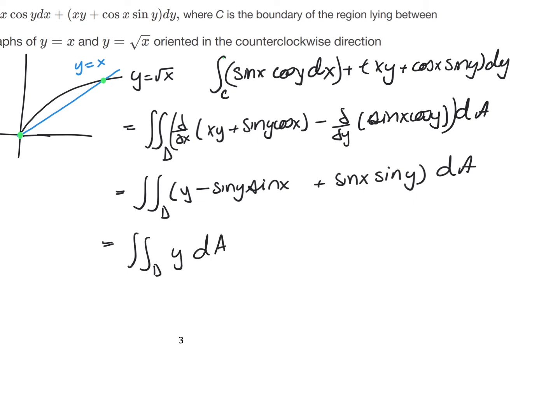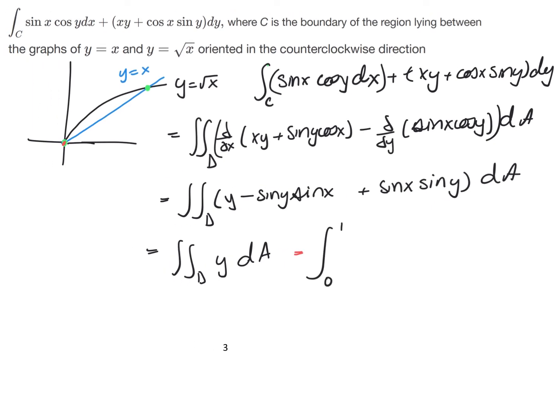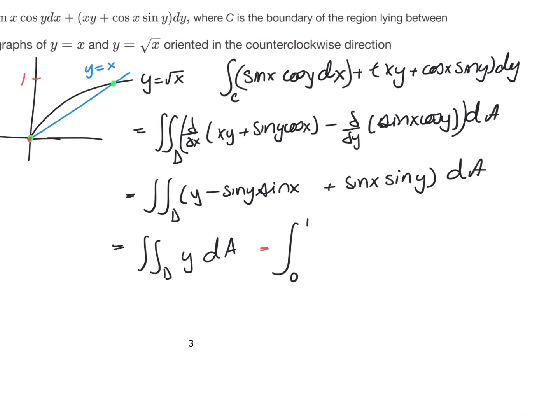So I think since I have a y here, I'm going to integrate with respect to x first. So I'm going to integrate with respect to x first. My y is going to go from 0 to 1.